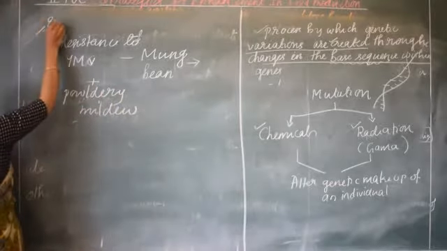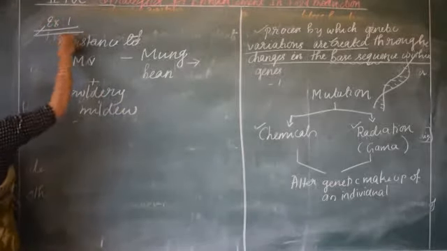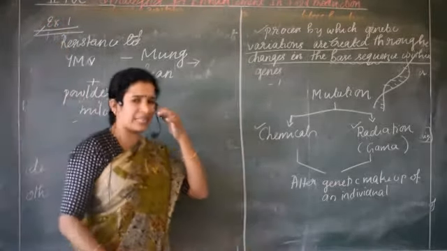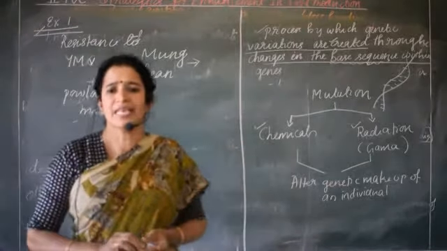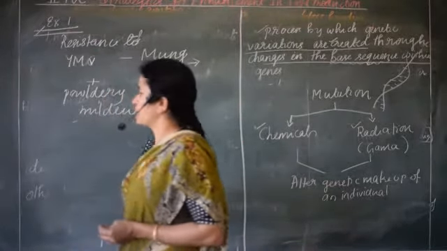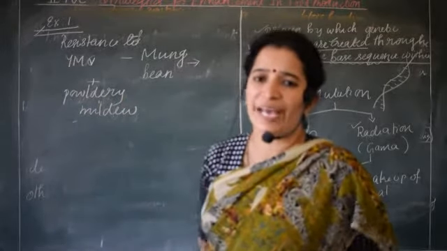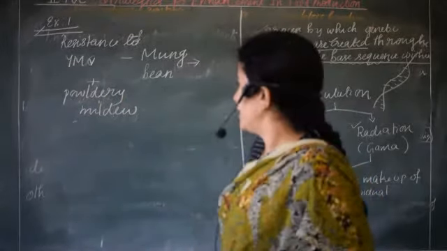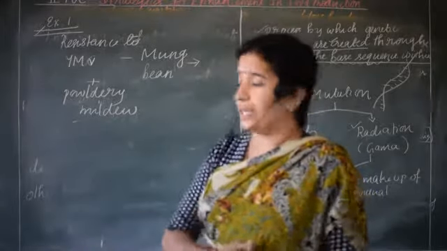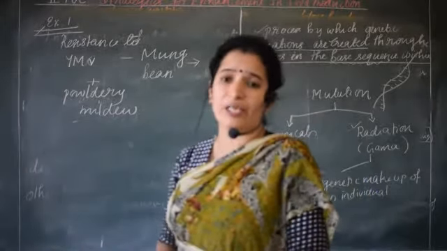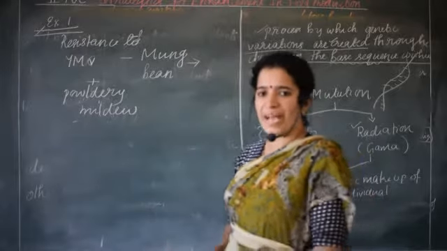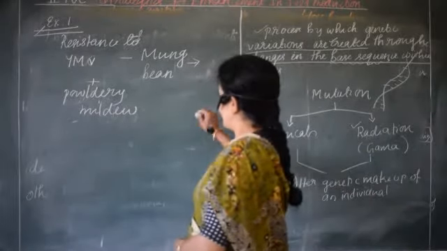Example 1. You may ask whether this mutation is successfully done. Is there any example to support that? Yes, we have one example to support that. It is resistant to yellow mosaic virus and also to another disease, powdery mildew, in mung bean.